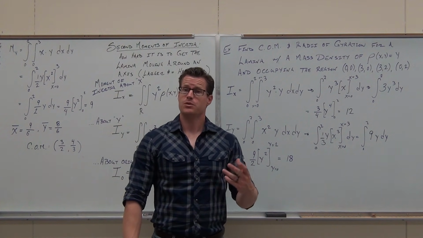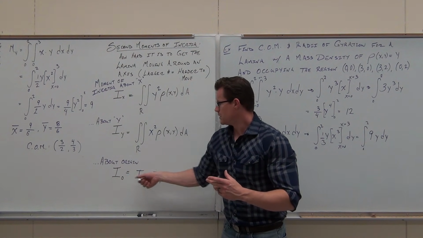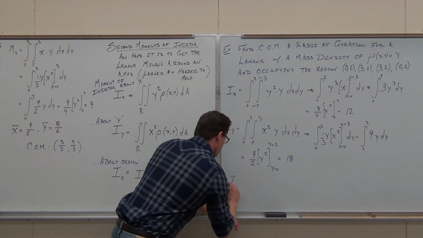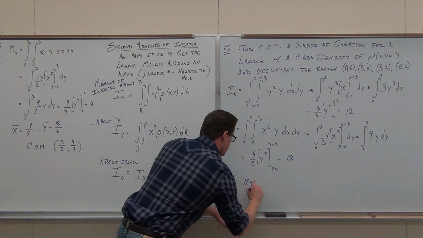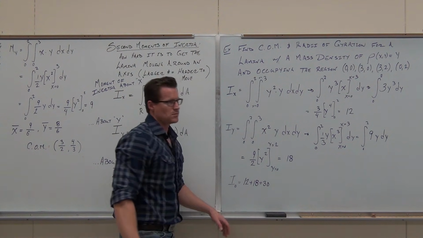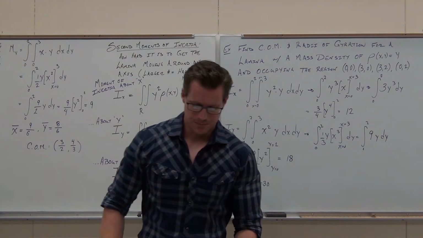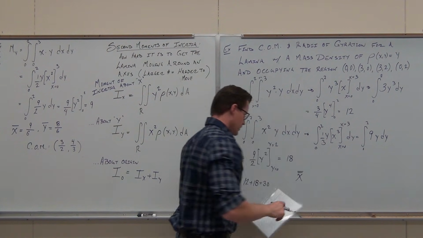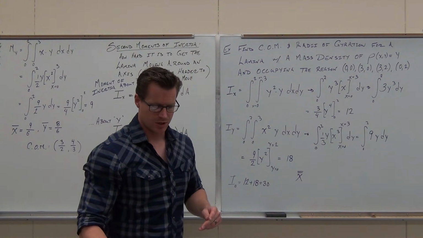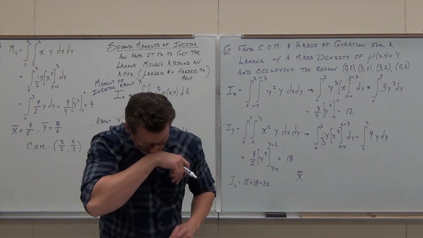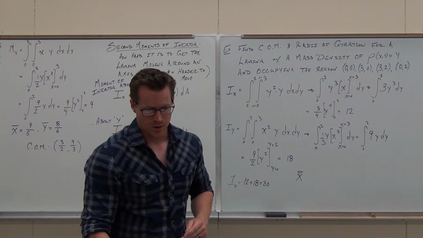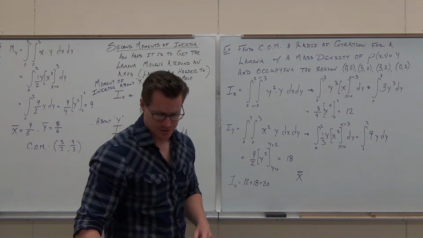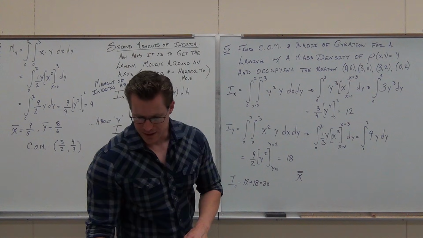We're close to done. If you needed second moment of inertia about the origin, you add those two together. If you need to find the radii of gyration, I erased the formulas, but the radius of gyration, for about the y-axis, that's what this is giving us, about the y-axis is an x measurement.